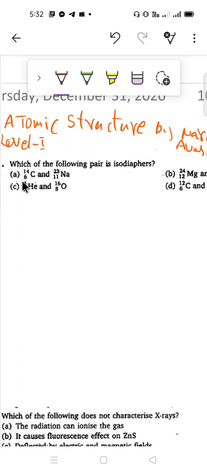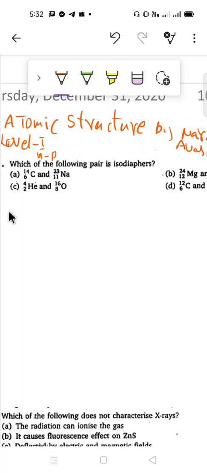Isodiapers means the pairs which have the same n minus p difference, that is, the neutron minus proton difference is the same. That is the question they are asking.